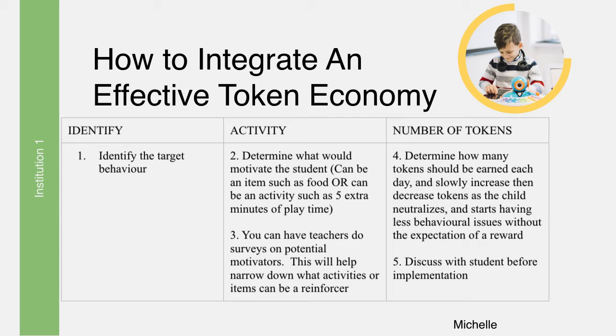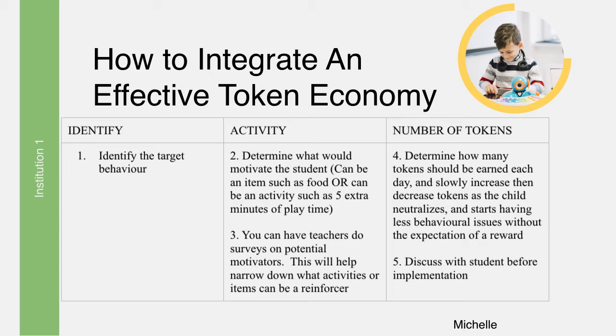So as a student continues to display positive behaviors, you don't want them to always think that there's a reward in the end, because that would also defeat the purpose of having a token economy system.